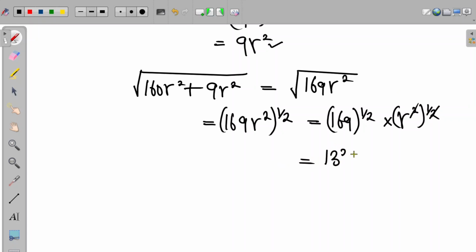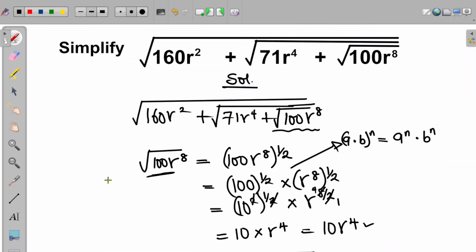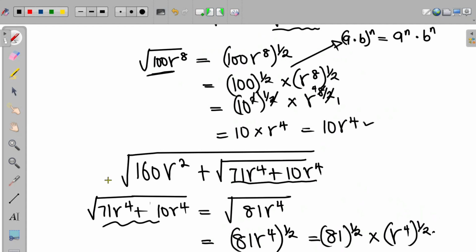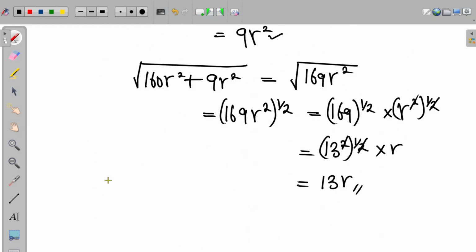So we have 13 squared all raised to the power of 1 divided by 2 times r. So at this point, 2 will cancel out 2. So this becomes 13r. So therefore, we have been able to simplify the nested root expression given to us, which is equal to 13r.